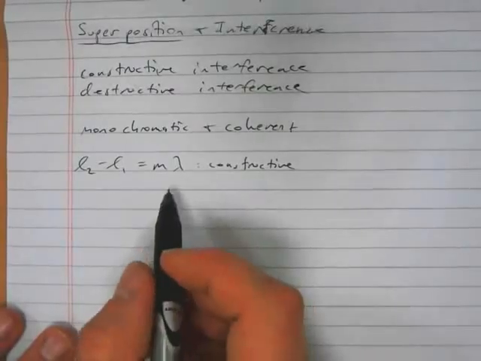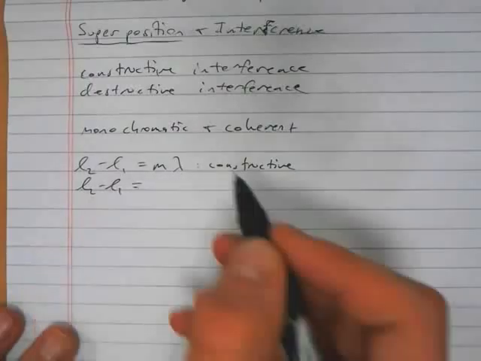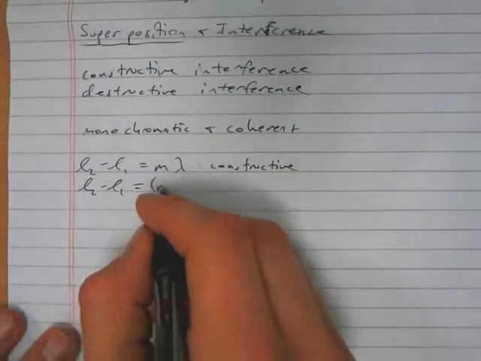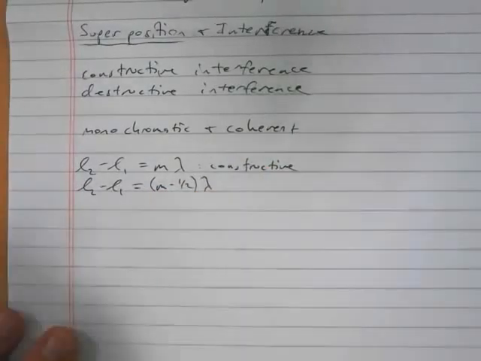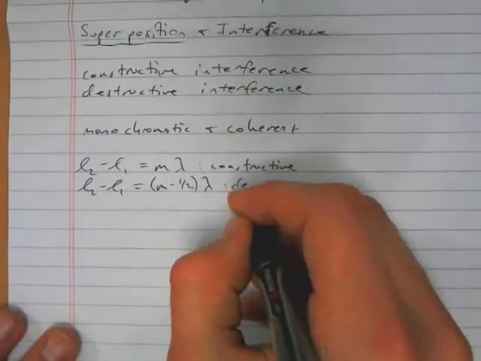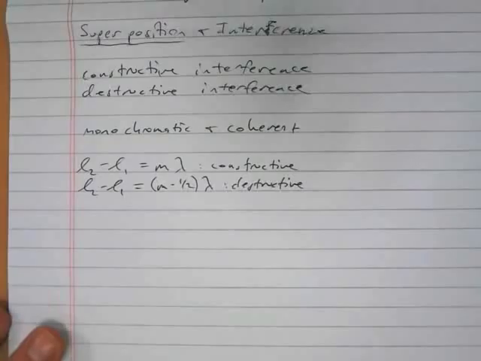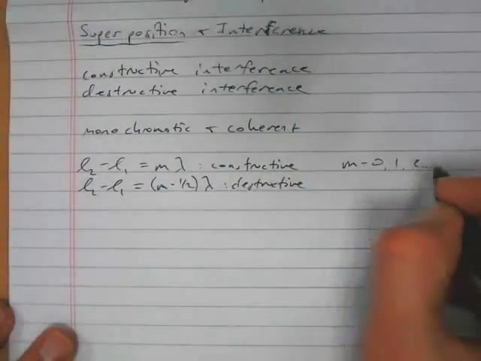And for destructive interference, this path length difference needs to be a multiple of half a wavelength. Or I should say, not just a multiple of half a wavelength, but an odd multiple of half a wavelength. Okay, for constructive, m is 0, 1, 2, and so forth.